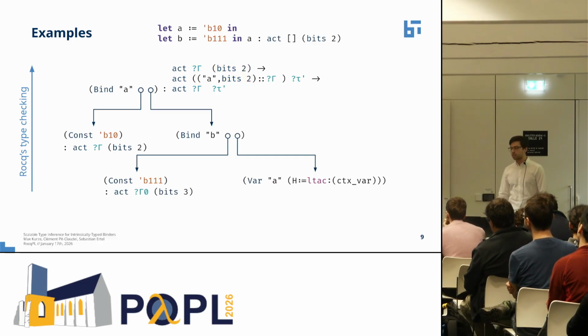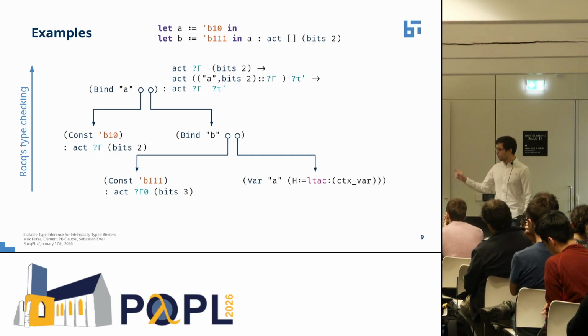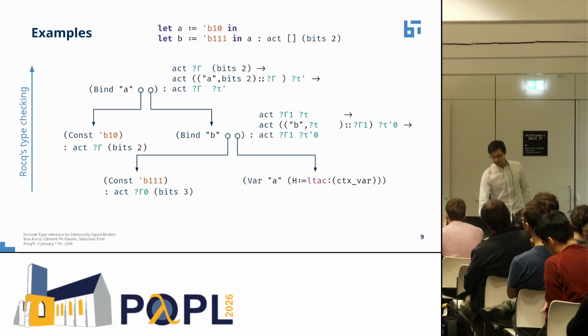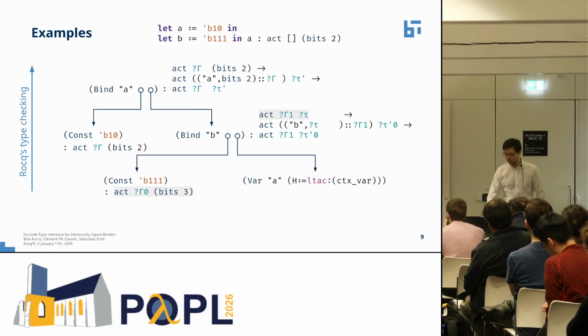It will then continue to traverse this tree until it reaches the next leftmost subterm, and infer the type of the second constant, which is similar to the first one, only that this time it's bit vector of length 3. And then Rocq will unify the type that it inferred again with the type that it was expecting.